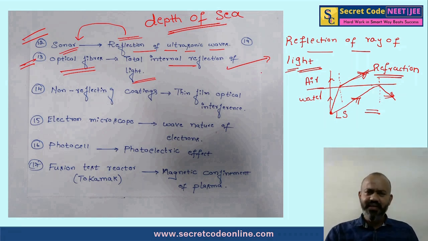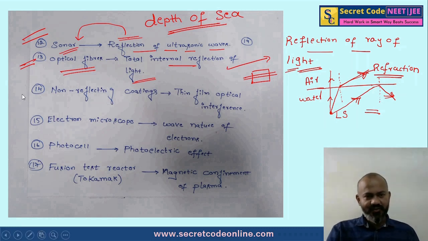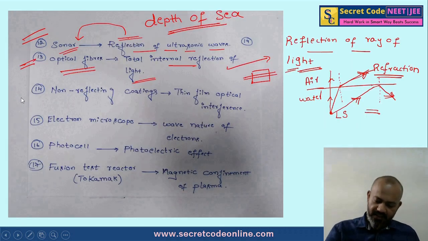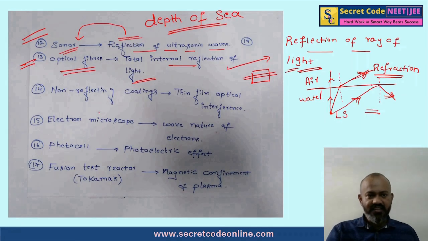This is quite a big phenomenon which we will study in optics. Just for your understanding, you just have this much picture. That is enough. Let us move on to the 14th one. What is the 14th technology?